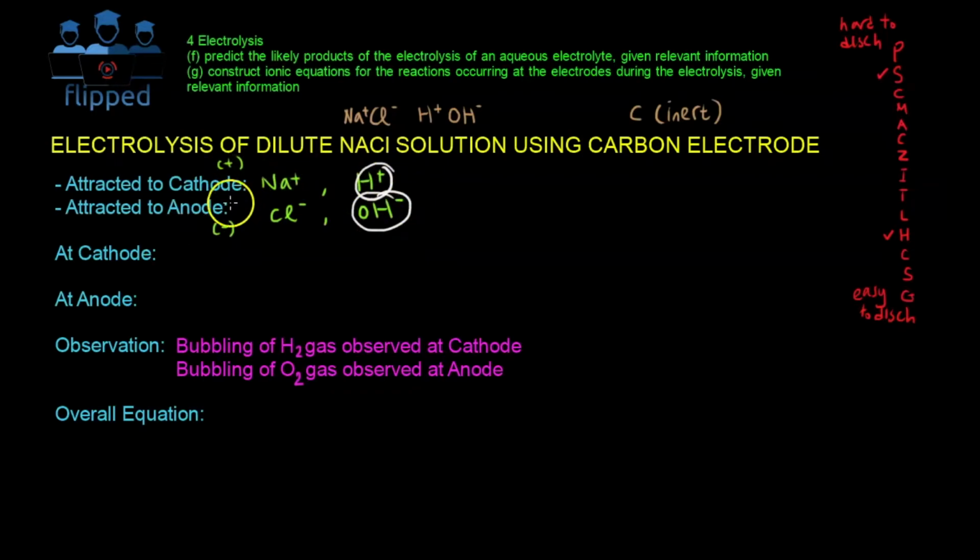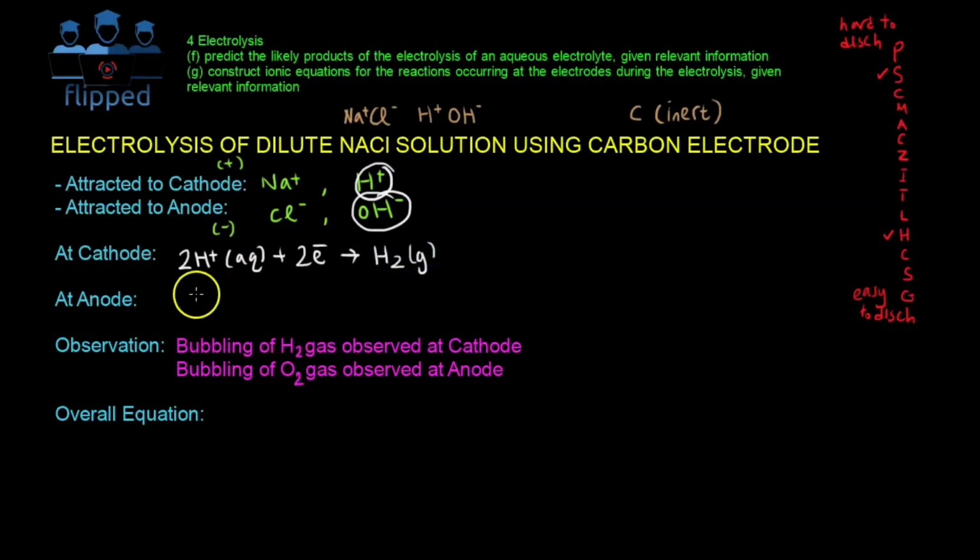Now we have to go into their individual reactions. At the cathode first, we'll have 2H+ (aq) plus 2 electrons to give us H2 gas.